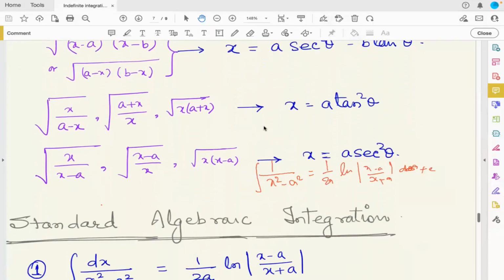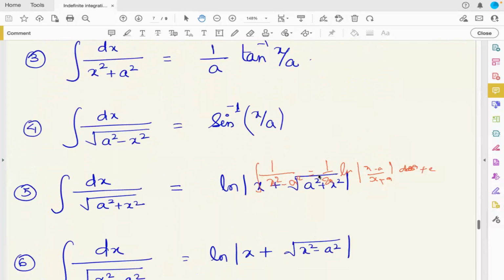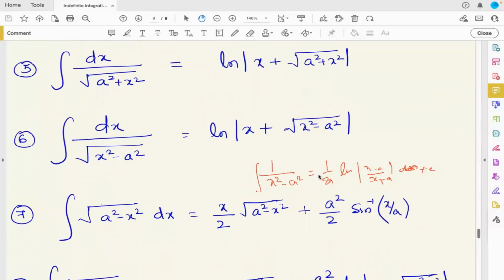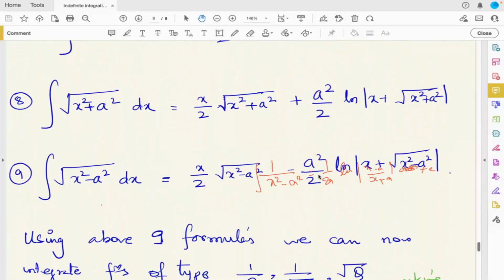Look at this: dx by x square minus a square. So what we read is 1 by 2a ln x minus a by x plus a. So look at a very basic example, so that things become clear about how we have to solve problems in the next class.